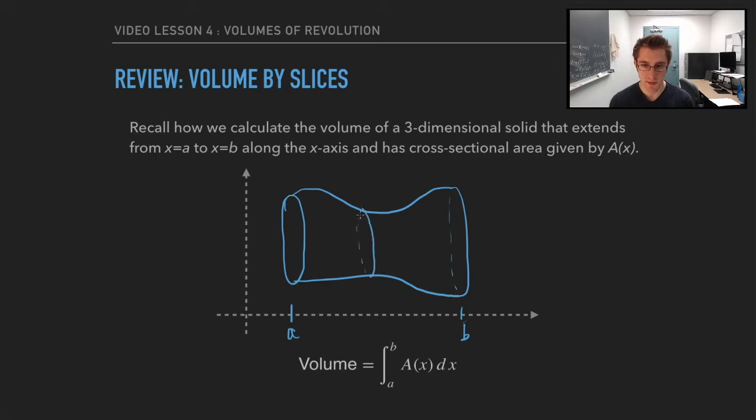and over each point on the x-axis I have a cross-section which is some two-dimensional shape. So if, say, this is the point x here, actually, I'll draw that in a different color.